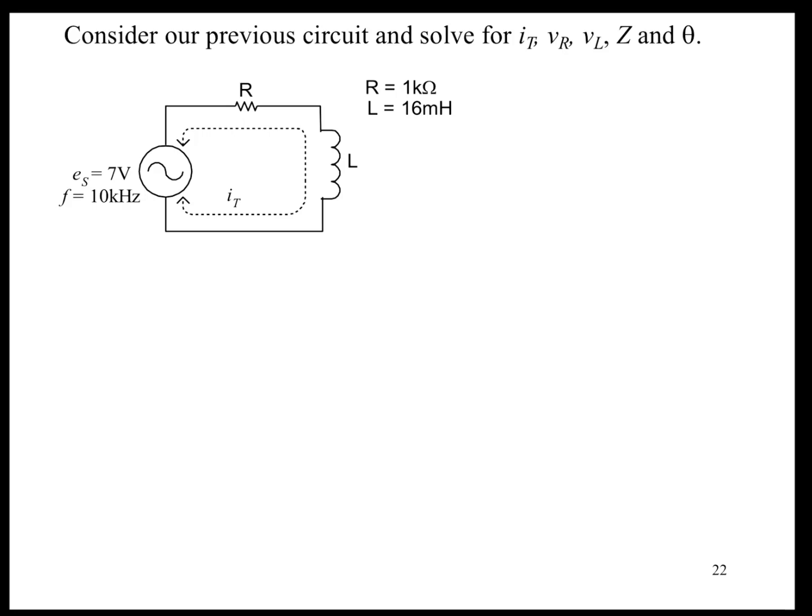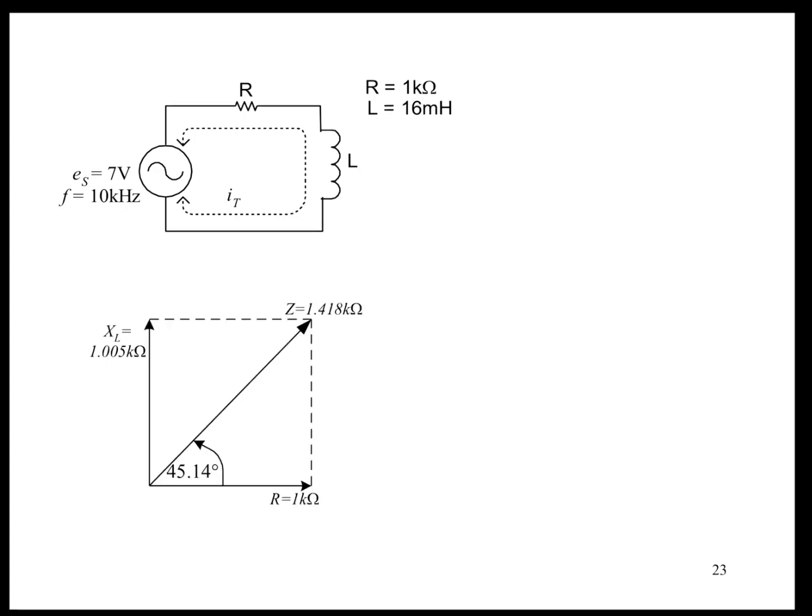But this is an example of going through what we talked about, using frequency to determine the XL value from L, and going about proving Kirchhoff's voltage law after determining VR and VL, using your impedance triangle to determine total Z, and therefore using your angle phi or theta to indicate the circuit phase angle. Now, of course, your total impedance, when divided into your source voltage, is going to give you I total.